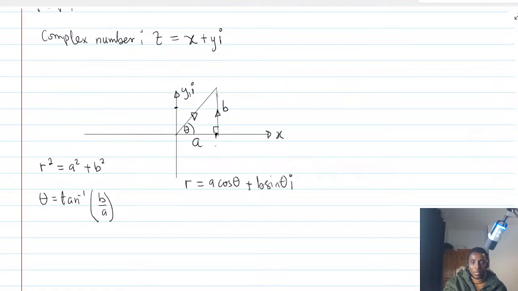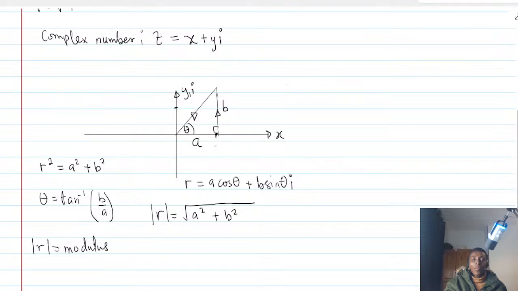Now, r will be the square root of a squared plus b squared, and this r is what we are calling the modulus.